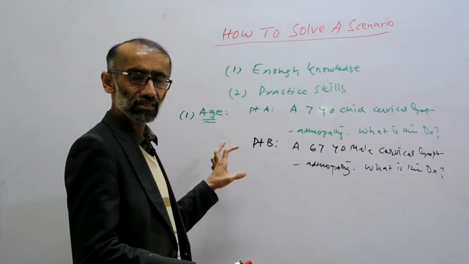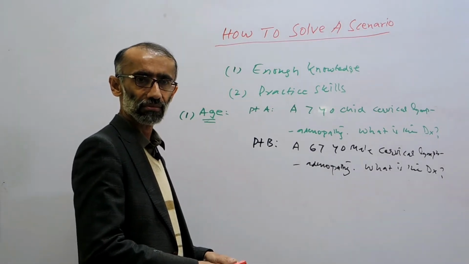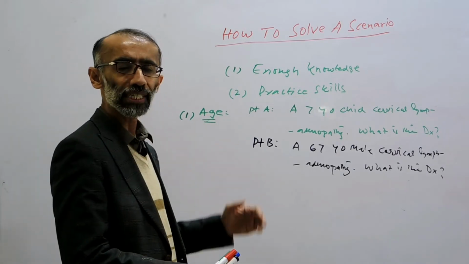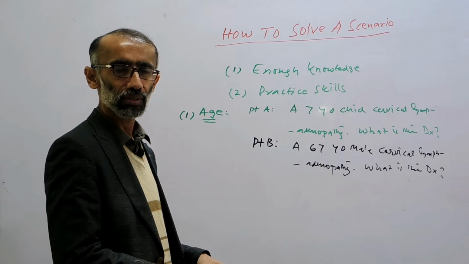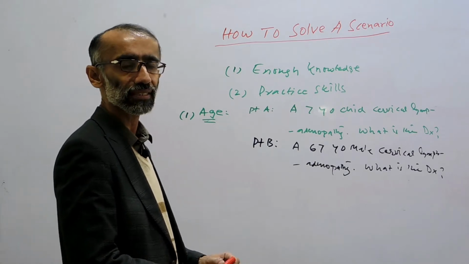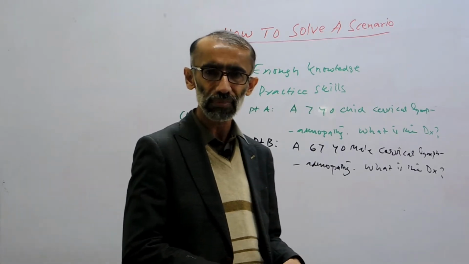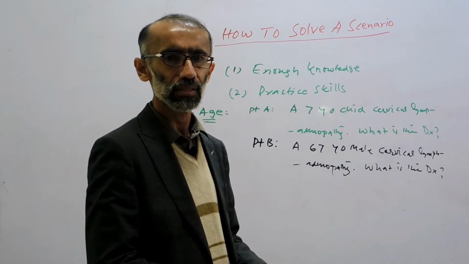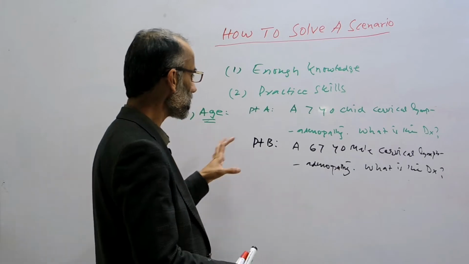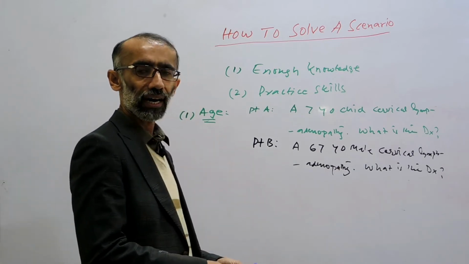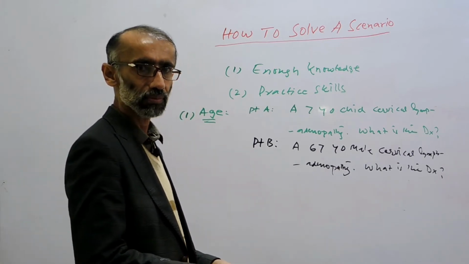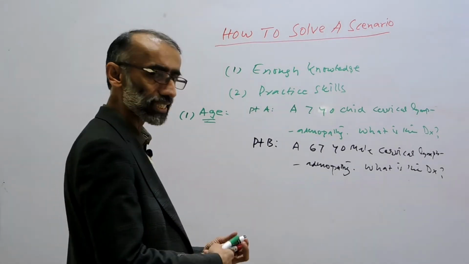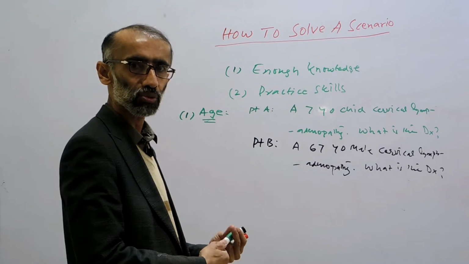Ischemic heart disease, hypertension, stroke, and chronic illness are common in the elderly age group, while infectious diseases such as rheumatic fever, measles, polio, chickenpox are more common in the early age group. So age is very important. Consider the age of the patient in the scenario first.